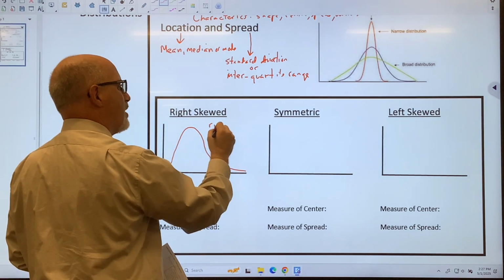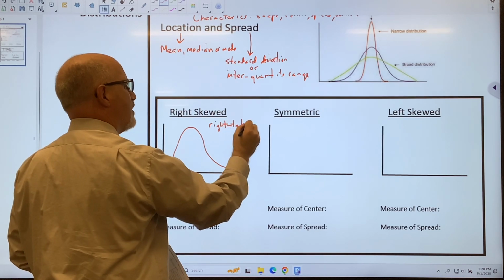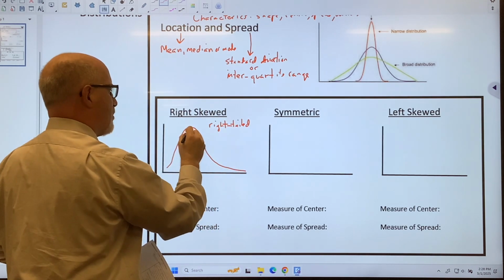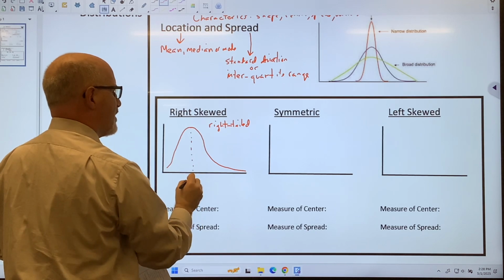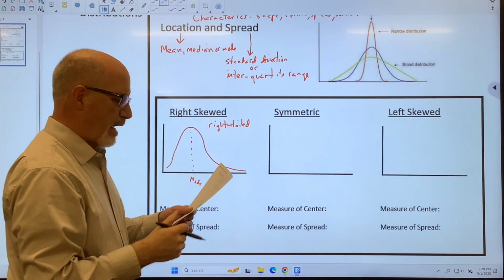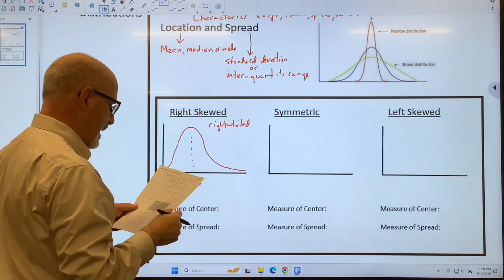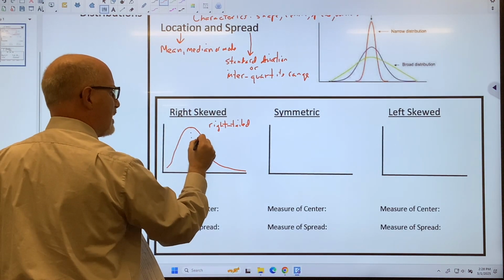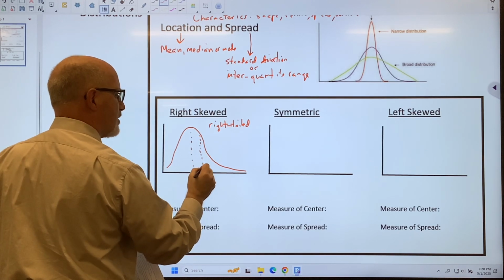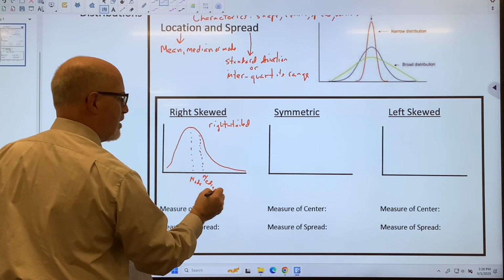The way to remember right skewed is that it means right tailed. This number here is the mode, right where the highest point of that graph is, the most values. And then usually the median is pulled over to the right because it's skewed right. So the median's over here toward the right side.